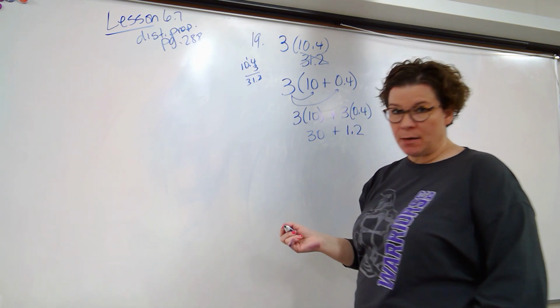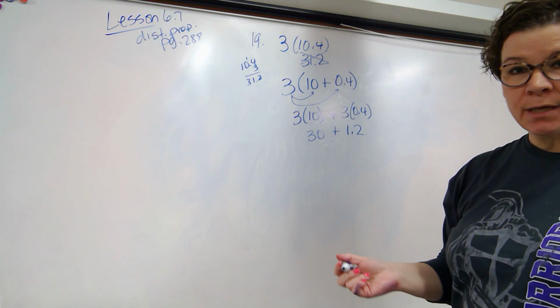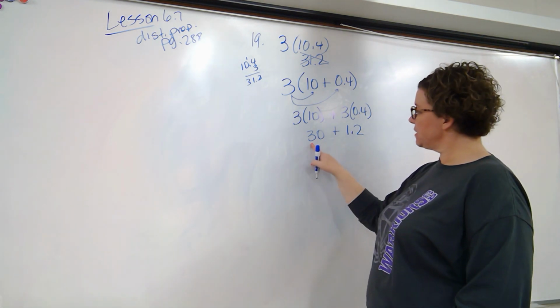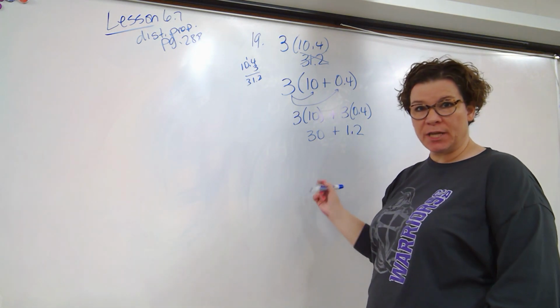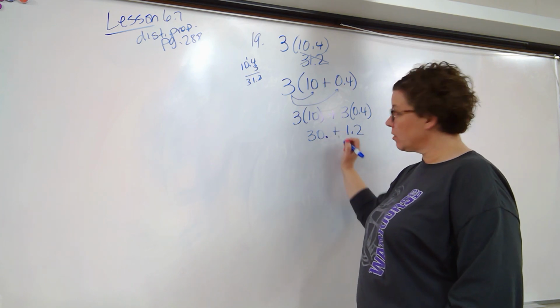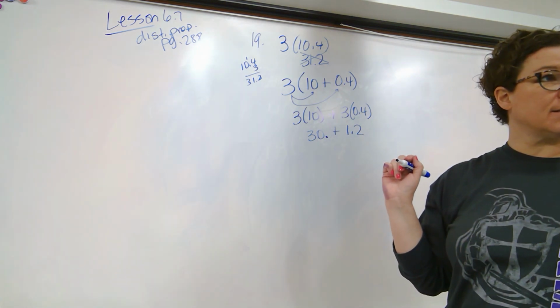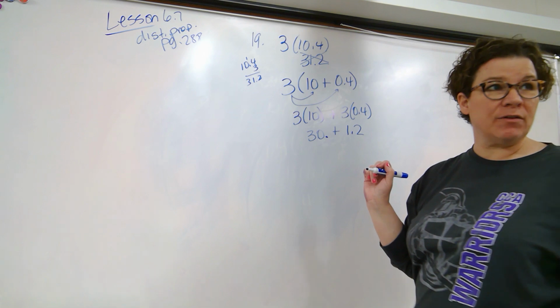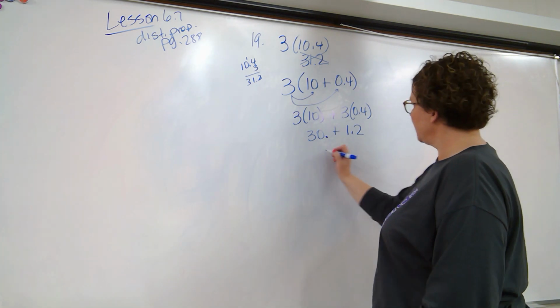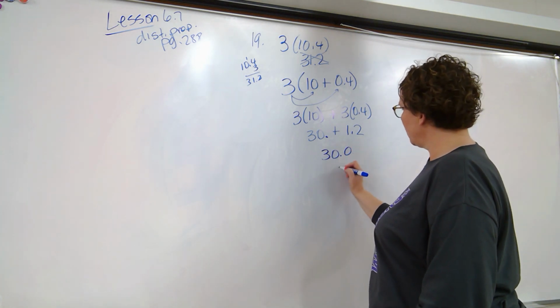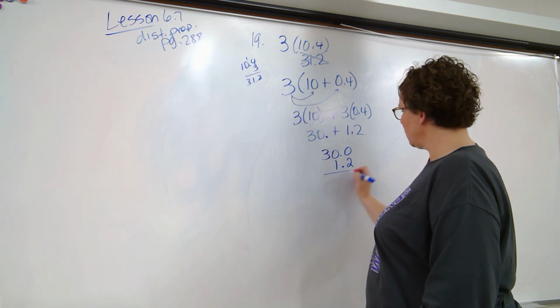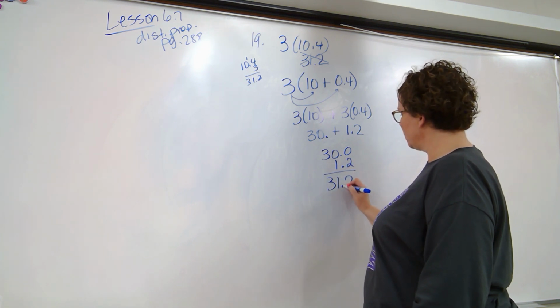And when I add numbers that have a decimal, I have to line up the decimals. Where's the decimal after the 30? It's right here. Invisible math says that there's a decimal point at the end of every whole number, okay? 30.0 plus 1.2 is 31.2.